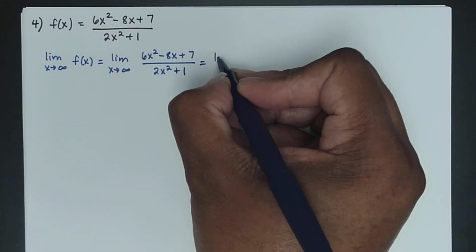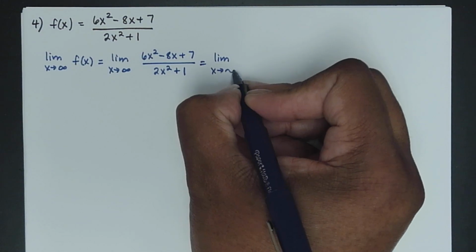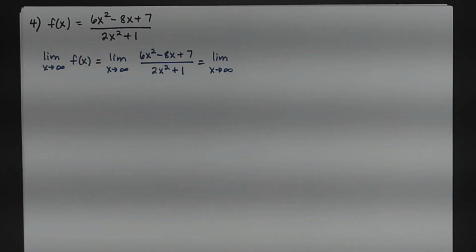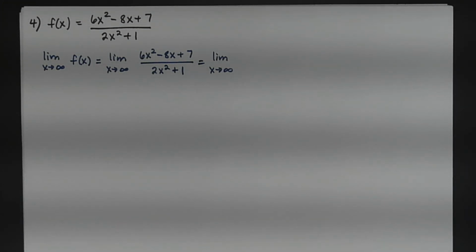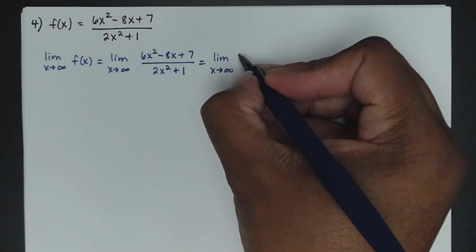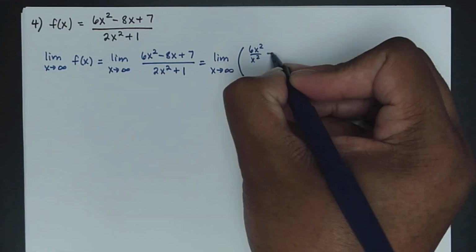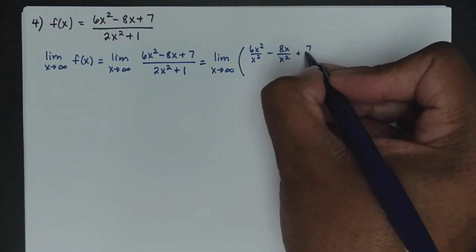Well, in this case, I'm going to divide every single term in the numerator and the denominator by the highest exponent in the denominator, which is your 2x squared. So that 6x squared would be divided by x squared, minus 8x would be divided by x squared, plus 7 divided by x squared.